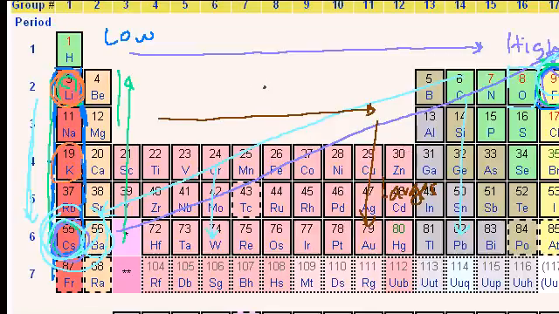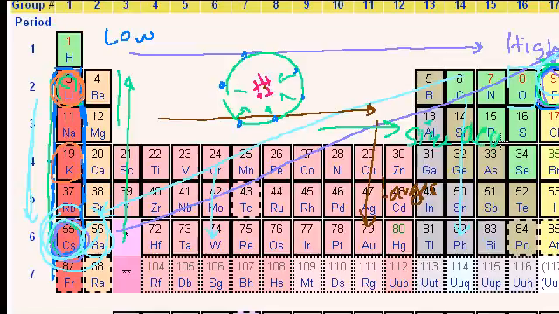So if this is a nucleus right there, and you're in some orbital shell, and obviously they're not all spheres, as you go to the right in a period, you just keep adding electrons to that shell. This is a super gross oversimplification. And as you go to the right, you have more protons in the nucleus. So this is only getting more and more positively charged. So what happens is that these electrons get pulled inwards. So as you move to the right on the periodic table, size decreases.